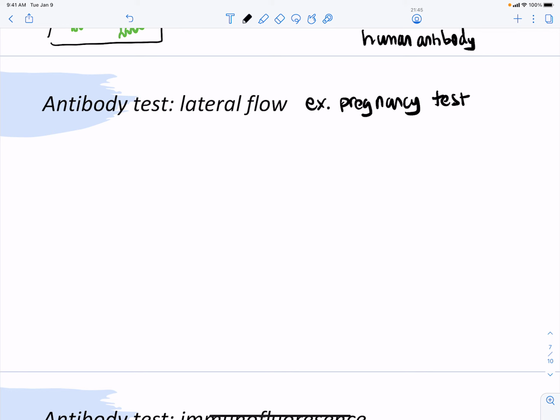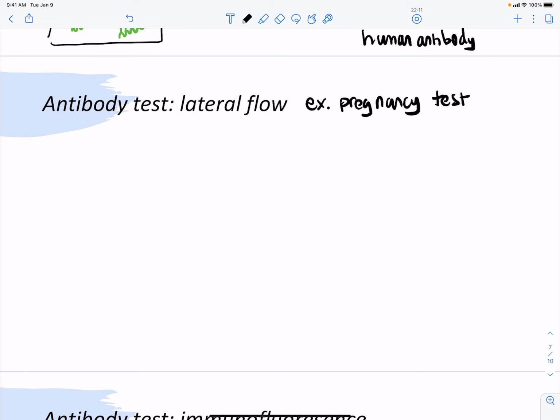So instead of doing it in those little wells, you're going to do it on some sort of slide or a mechanism that allows you to first do the binding part and then move to the detecting part and then move to the results part. So they're usually simple to perform and they're relatively cheap.